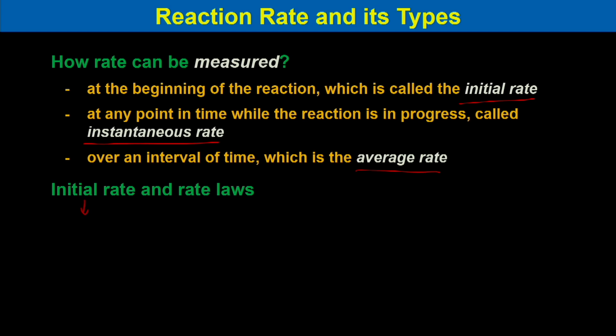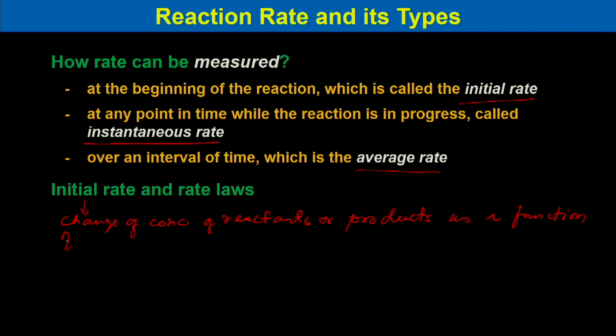So, initial rate is basically the change of concentration of reactants or products as a function of time, measured within minutes or seconds.